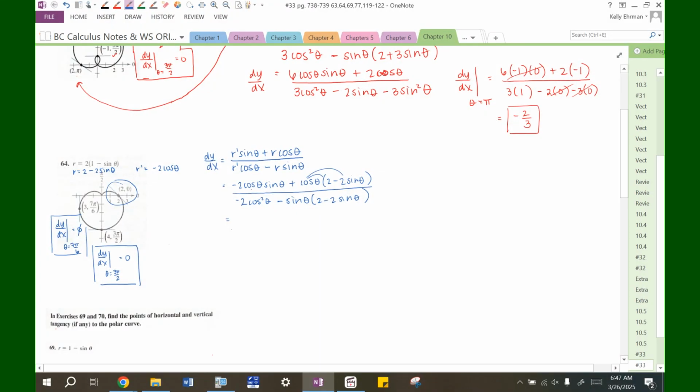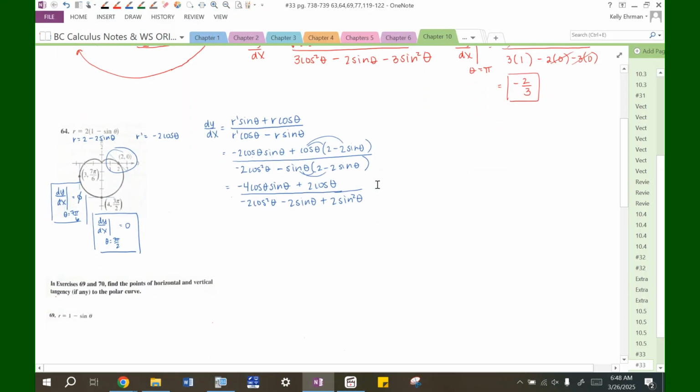So I have negative 2 cosine sine. There's going to be another minus 2 sine cosine, so that's minus 4 cosine theta sine theta plus 2 cosine theta over, I'm just going to distribute this a bit, negative 2 cosine squared theta minus 2 sine theta plus 2 sine squared theta. Right? So that's dy/dx.